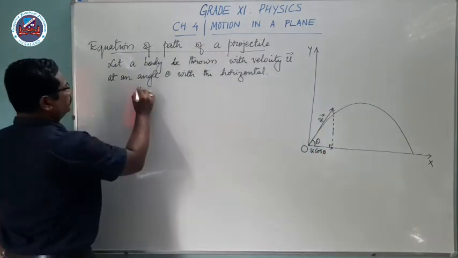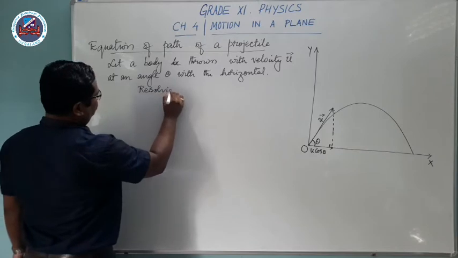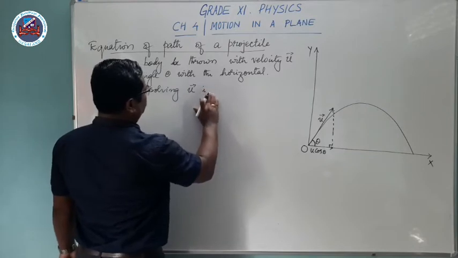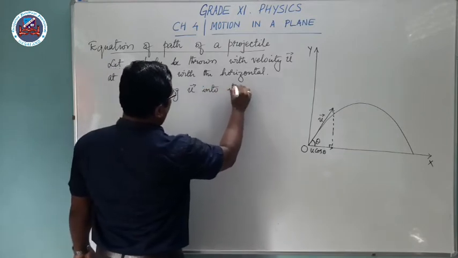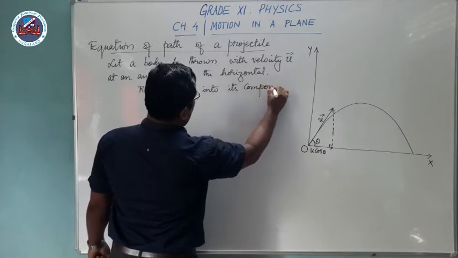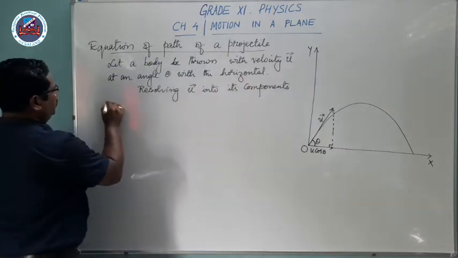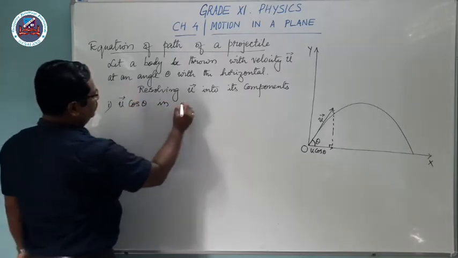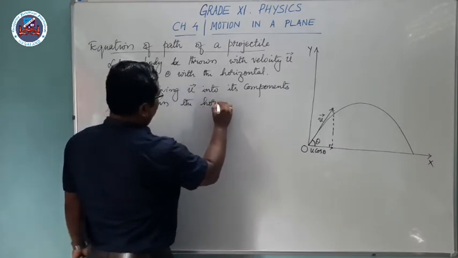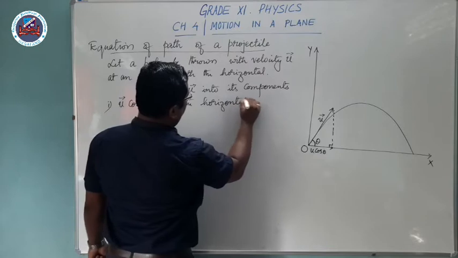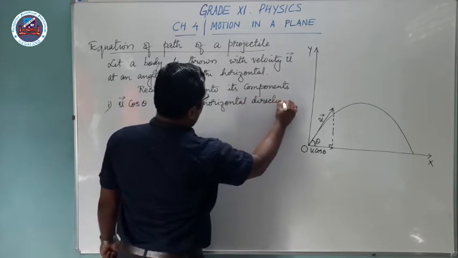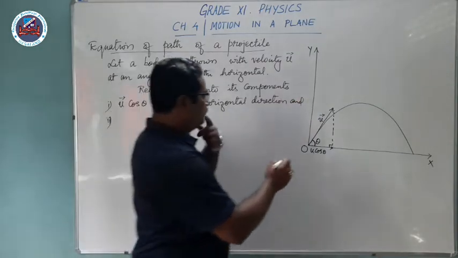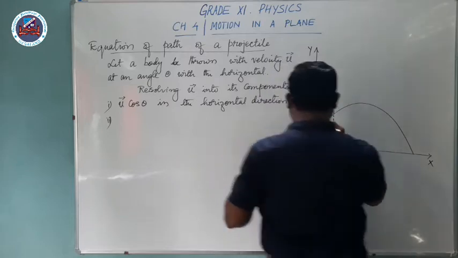Resolving u into its components, one will be u cos theta in the horizontal direction, and the second one will be u sin theta along the vertical direction.